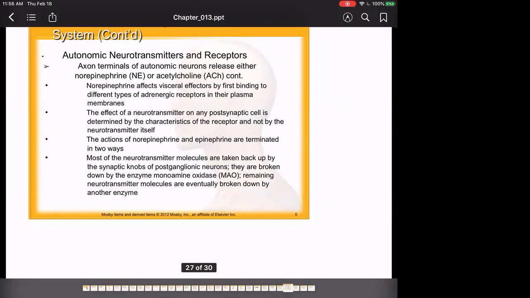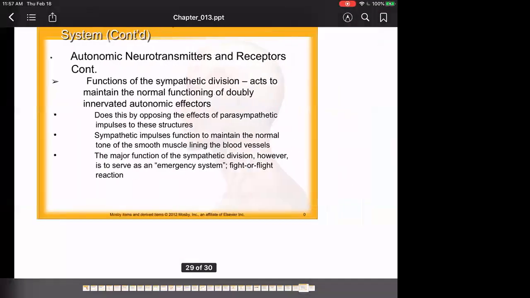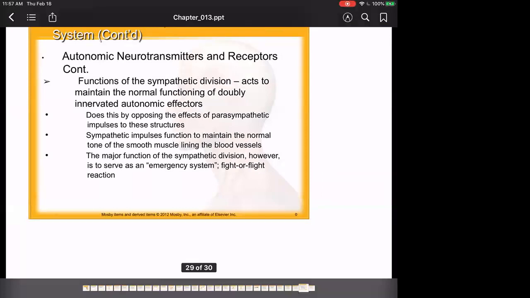What was on here? I think, now I'm not going to get into monoamine oxidase inhibitors. I think that is just about it.